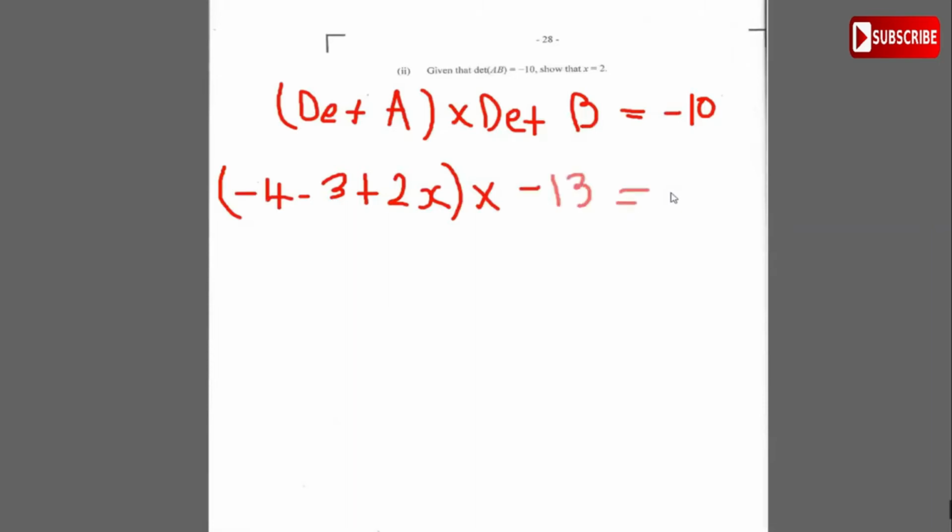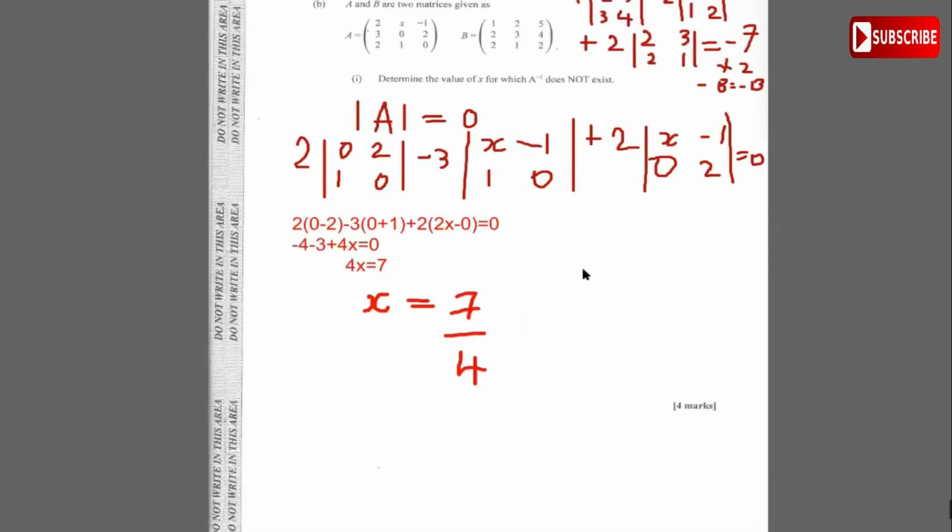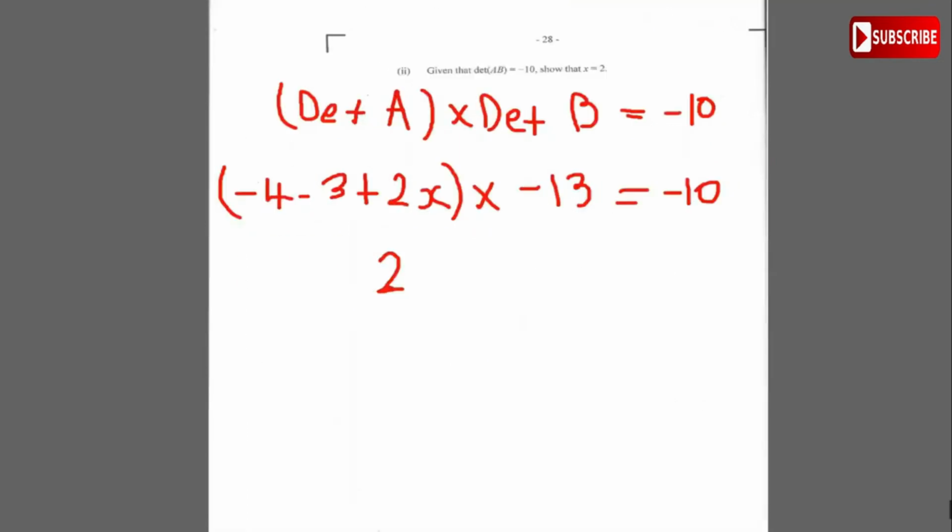This is equal to negative 10. So this expression is really 2x, or shouldn't it be 4x? 2x times 2, yeah, this was supposed to be 4x.